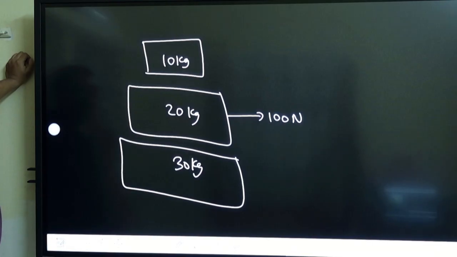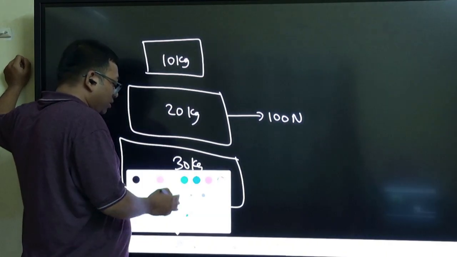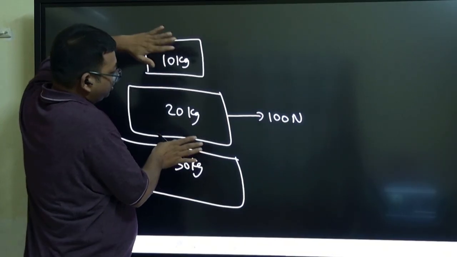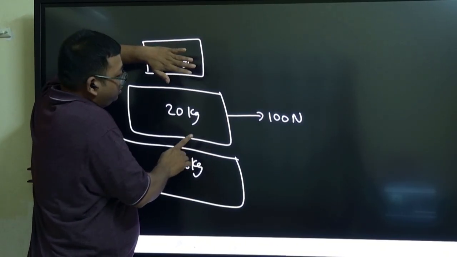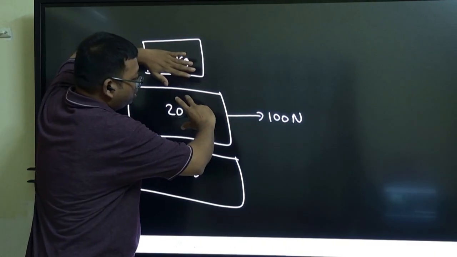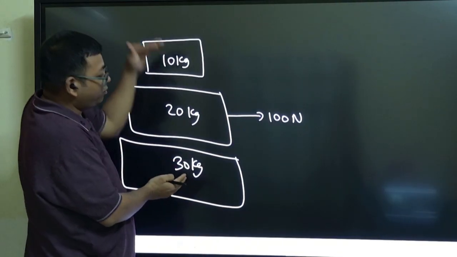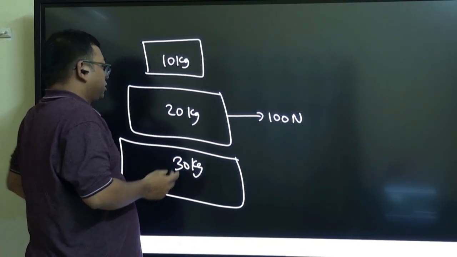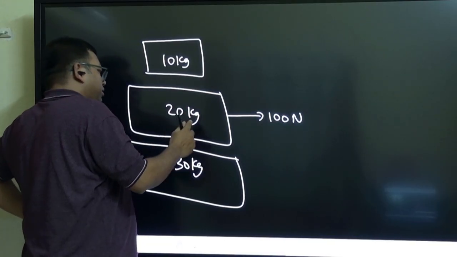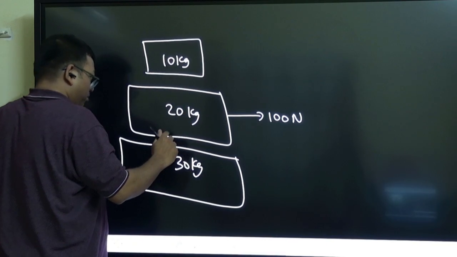I think here we only have to think about how the frictions are acting. Both the blocks will try to resist, because suppose friction is not there, then when you apply force, this block will just slide and both the blocks will separate. So relative to each other, the blocks are going away.